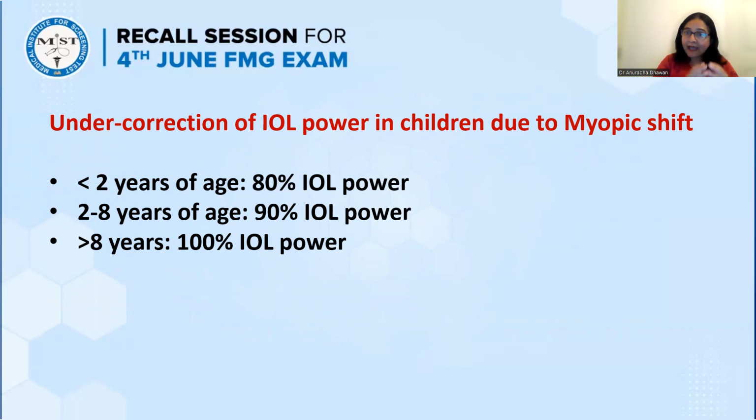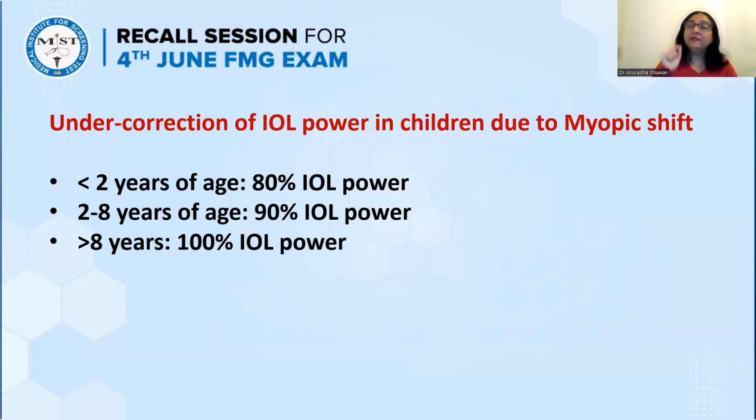Okay. As the child grows, the eyeball increases in size, the axial length increases in size. Now, the hypermetropic error, which is normal physiological in children, now it undergoes a myopic shift because the axial length is increasing. This is a normal phenomena occurring when the eyeball grows in children.